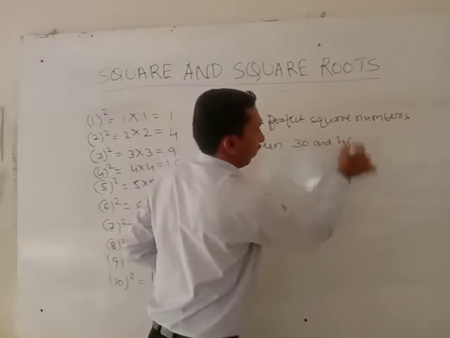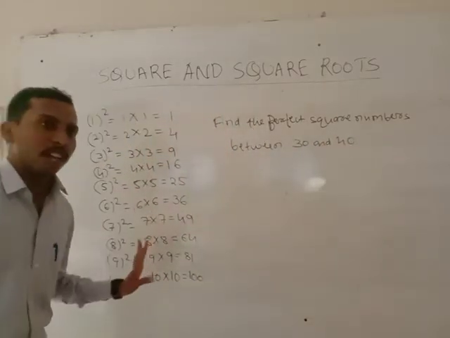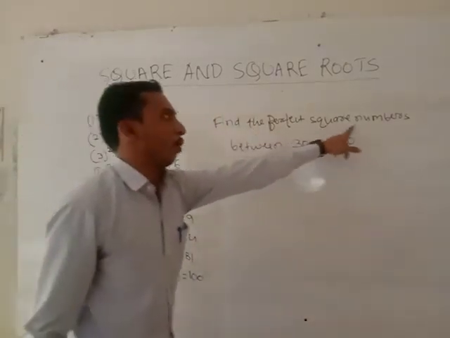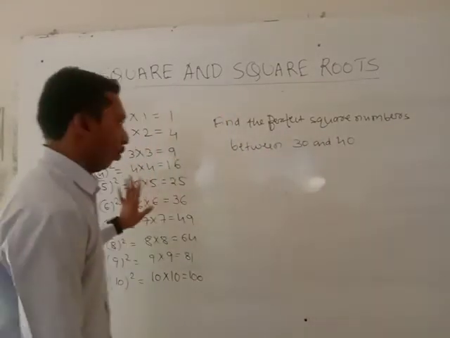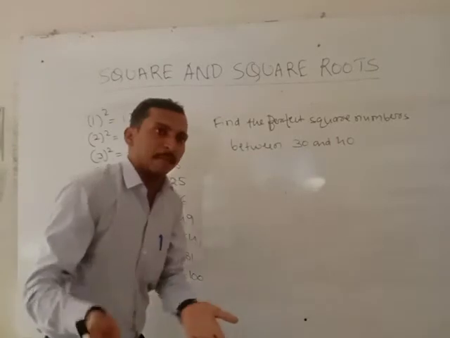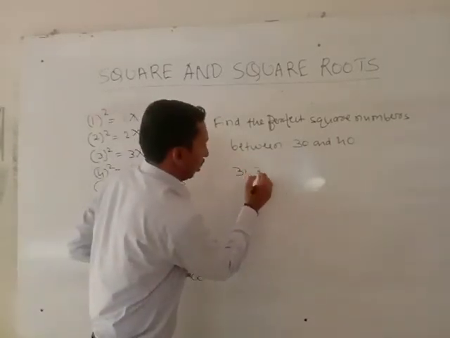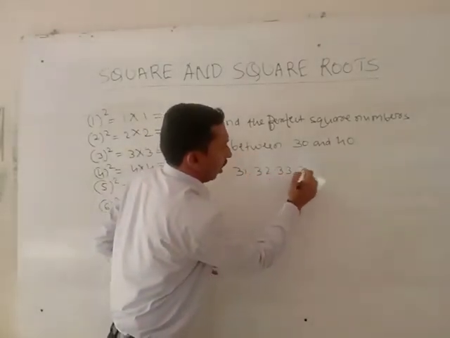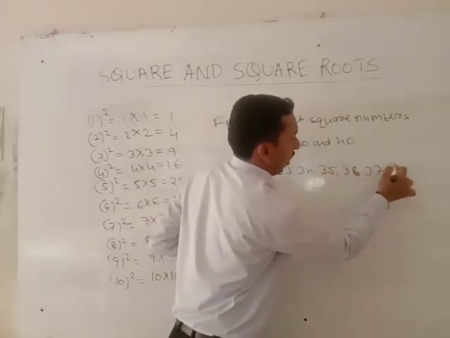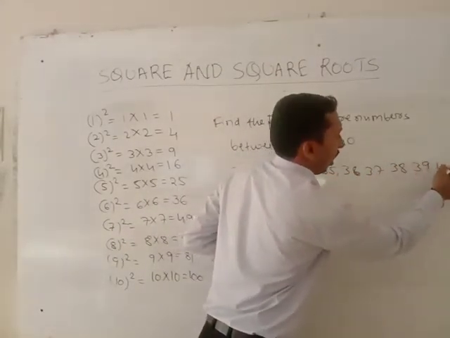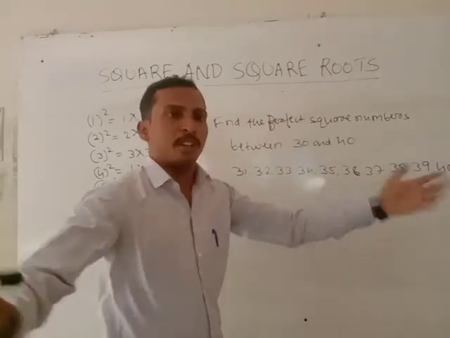Okay, this is the question. Find the perfect square numbers which are in between 30 and 40. So you know in between 30 and 40, which numbers come? 31, 32, 33, 34, 35, 36, 37, 38, 39, and you can write 40 or not.